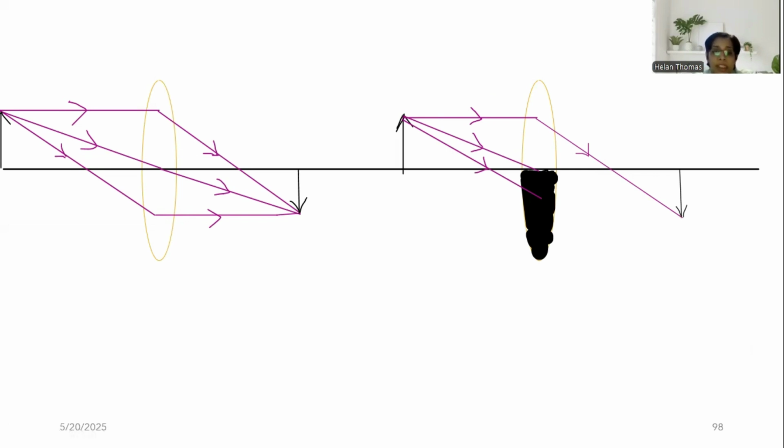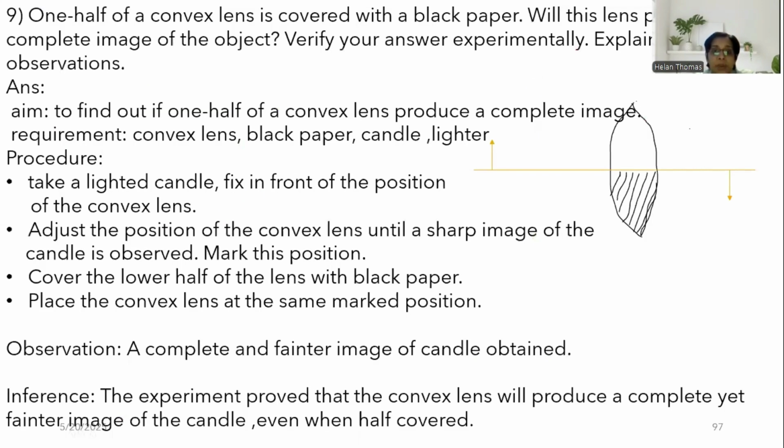So your inference is that the experiment proved that the convex lens will produce a complete yet fainter image of the candle even when half covered, because the light rays are being cut, and the light rays that pass only through the top portion of the convex lens will be converged to make the image. So the image is a fainter one.